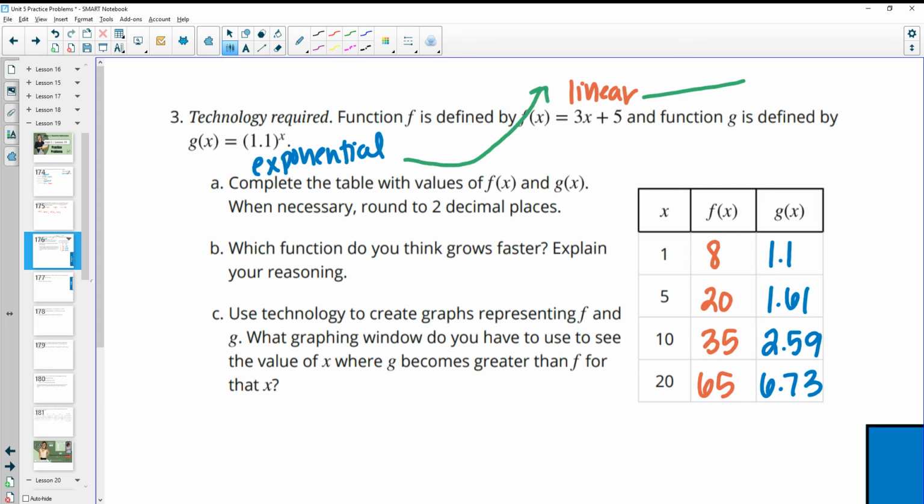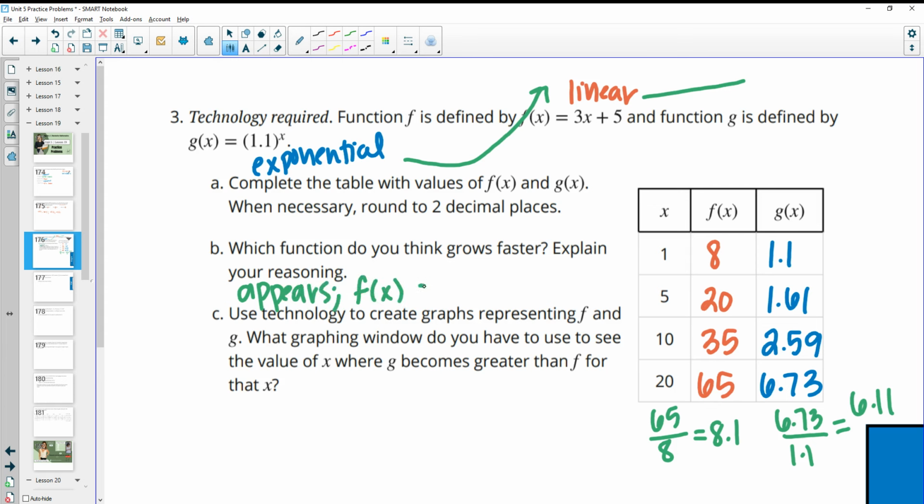So for these values, if we do 65 divided by 8, so where we ended up at 20 divided by where we started, we get that 65 is 8.1 times bigger. Or if we did 6.73 divided by 1.1, we end up with that one's about 6.11 times bigger. So it appears, for these values, that f of x is growing faster. So on this domain, it shows that f is growing faster.